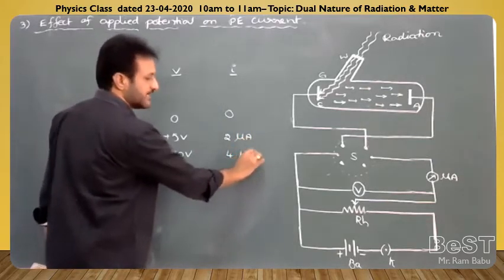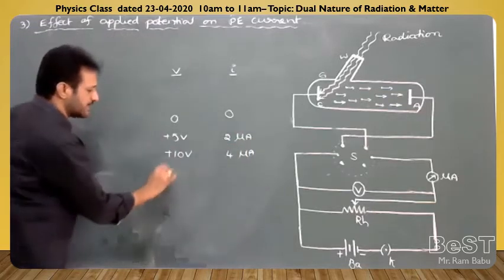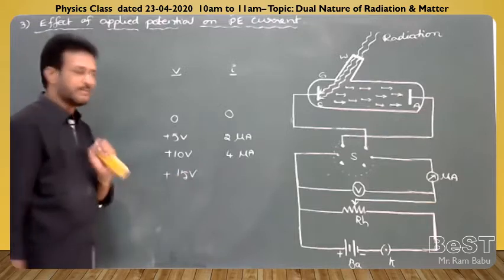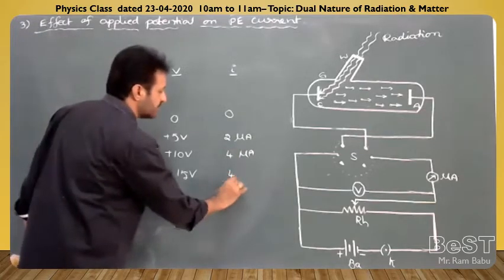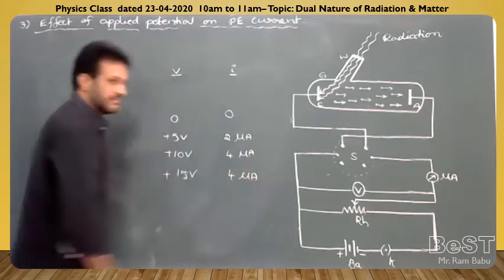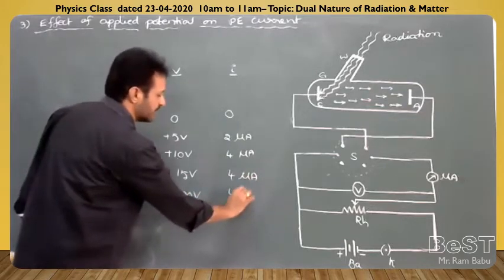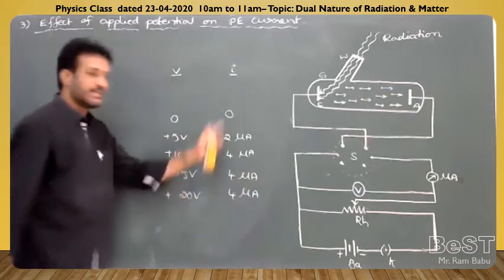Whenever this value increases to, for example, 15 volt, what we observe is that the value is also 4 microampere. Whenever this value changes to 20 volt, it is also equal to 4 microampere. What can we observe from this data?